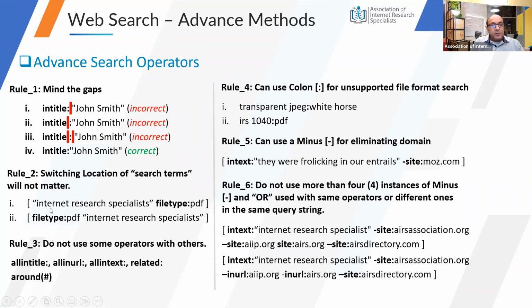Then switching of terms. So if you have a query such as this one, where I am looking for internet research specialists, and I put anything that is followed by the term as an operator, file type, for instance, colon PDF, it would return you the same results as it would if you switched the placement of your search term, which makes the file type appear before and the search term come after.